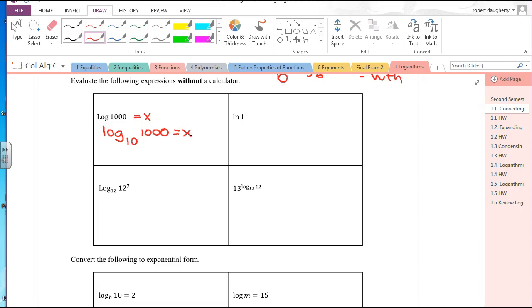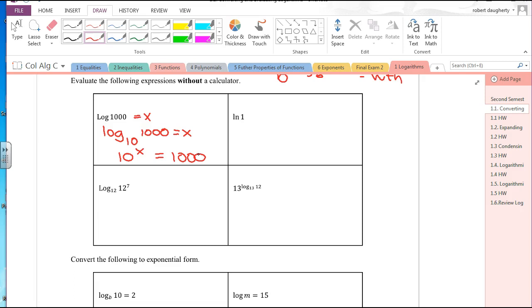Exponential, okay? What is the base here? 10. If I look at that equation, which of those things is my exponent? X. Okay? Remember, in a log equation, the exponent is always on the other side of the equal sign all by itself. 10 to the x equal 1,000. What's x equal to?